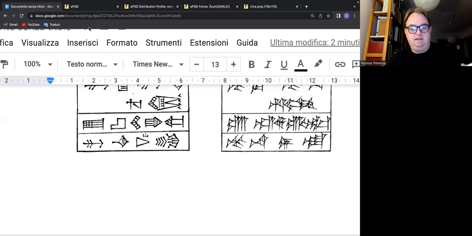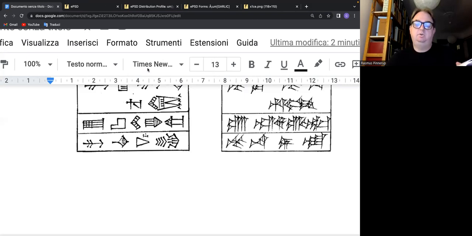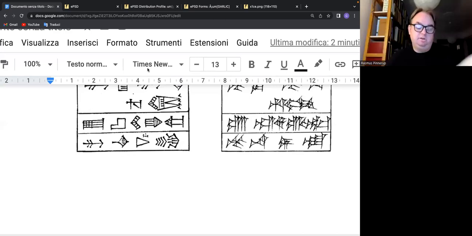That means that in a sign list, you can look it up under the signs that start with a single horizontal wedge. Those will be listed first, then those who start with double horizontal wedges, and then those who have 3. After that, those who start with a single vertical wedge, and so forth, and at the end, those who start with a Winkelhaken. But this starts with a single horizontal wedge, which is also called an ash wedge.